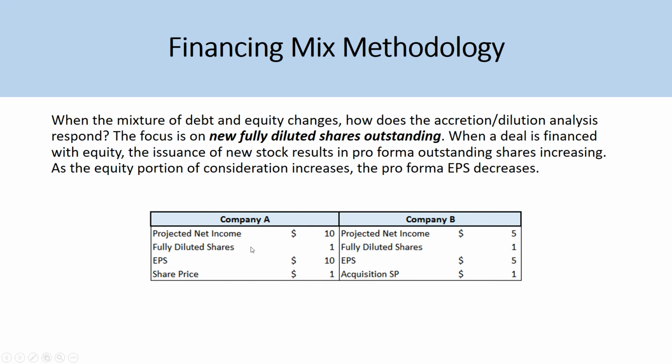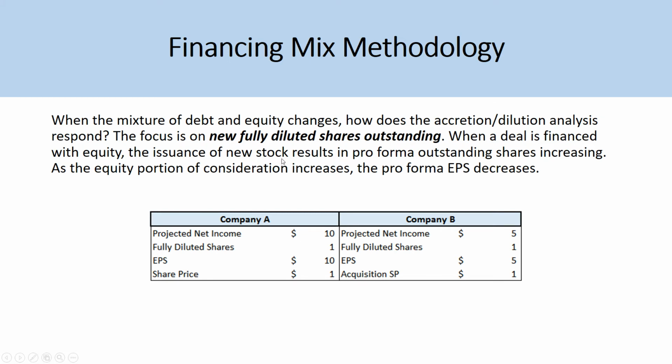Now, each company on a standalone basis has fully diluted shares of 1 and 1, right? So each of them has 1 share. Now, when a deal is financed with equity, the issuance of new stock results in pro forma outstanding shares increasing, right? So if Company A is buying Company B and they're using stock to finance the deal, then their fully diluted shares outstanding increases, okay?